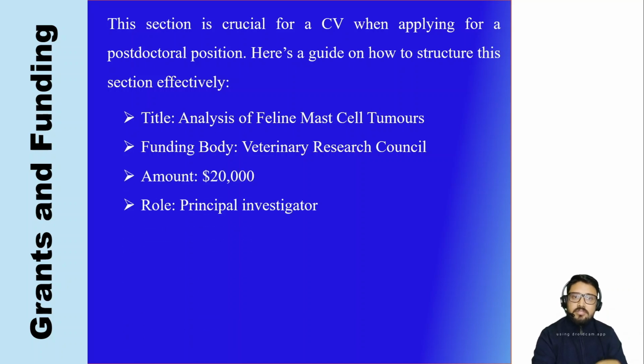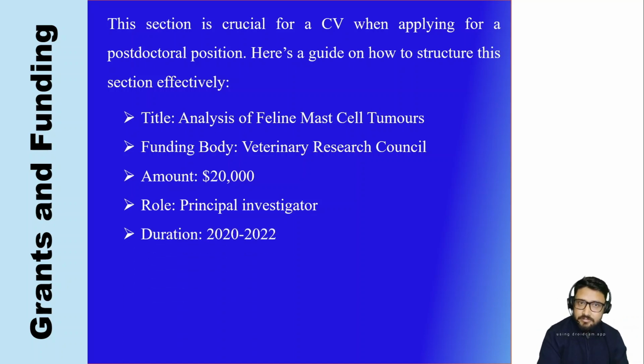My role was principal investigator, or sometimes it is written in the form researcher, principal investigator, anything, okay, that way. And duration is from 2020 to 2022. Mostly write in years, or if for a short time include the month and the year, like April 2023 to October 2023.